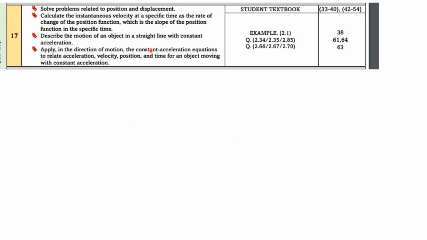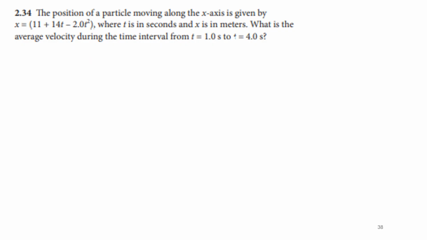Moving to this example, we have to solve problems related to position, displacement, and calculating instantaneous velocity, and describe the motion of a straight line. We have to apply direction of motion and constant acceleration. For this bullet, I choose this question. The position of a particle moving on the x-axis is given by the function 11 plus 14t minus 2t squared.